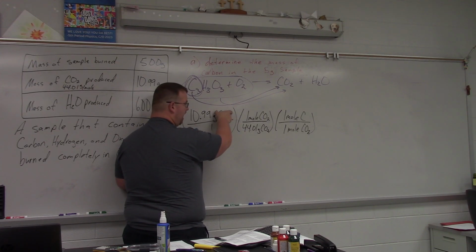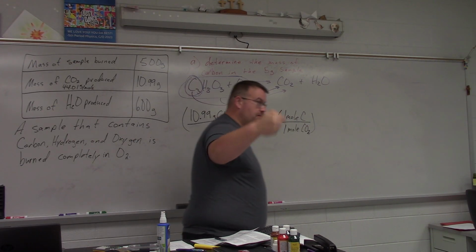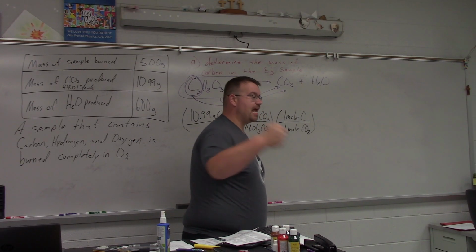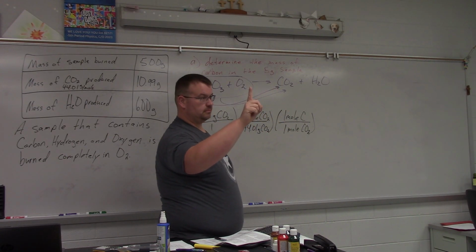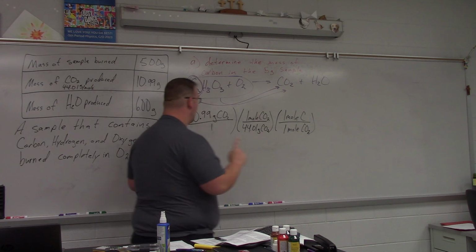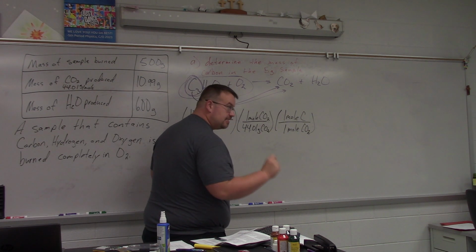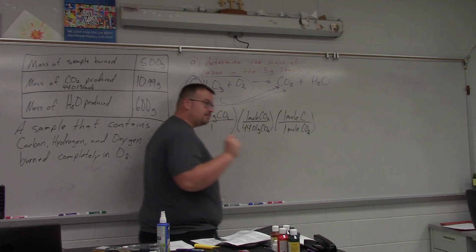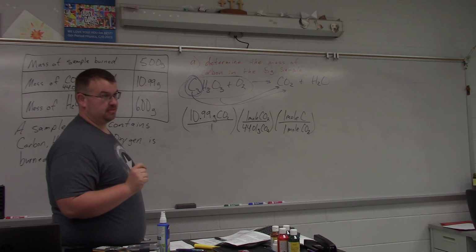In 1 mole of carbon dioxide, I have 6.022 times 10 to the 23rd molecules of carbon dioxide. Every one of them has 1 carbon. Since I have 1 carbon per molecule, I have 6.022 times 10 to the 23rd atoms of carbon present.